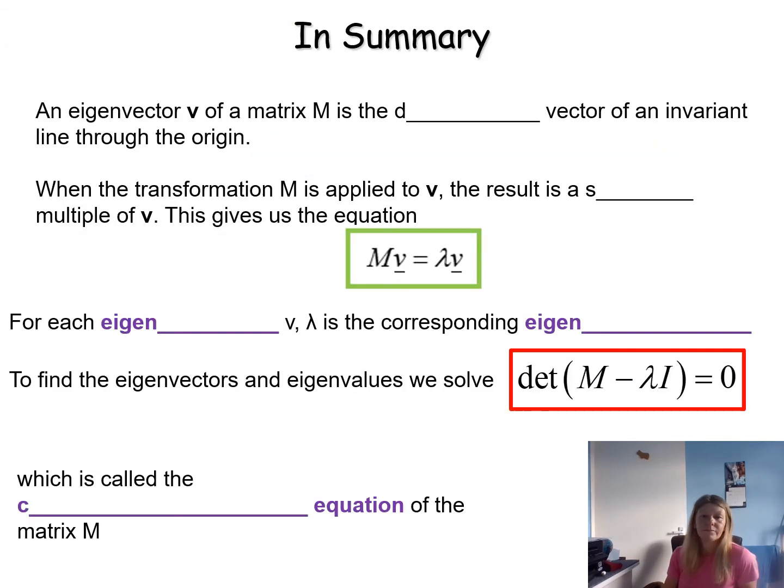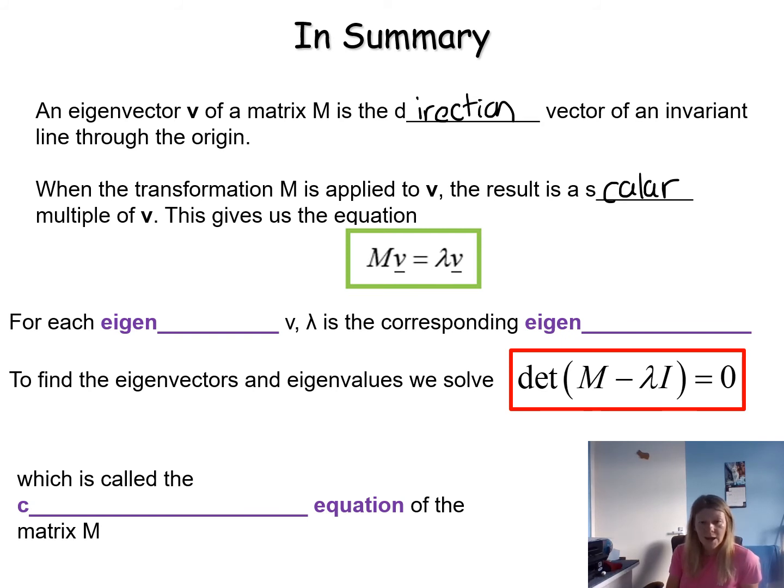Let's see, a bit more summary. An eigenvector V of a matrix M is the direction vector of an invariant line through the origin. When the transformation M is applied to V, the result is a scalar multiple of itself, V. This gives us this equation.